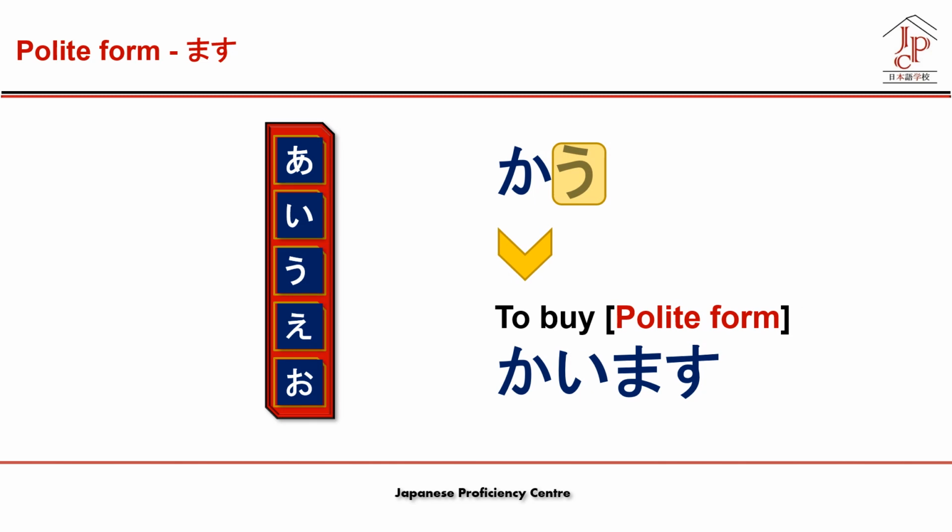Let us see one more example, kau. Thus, kau becomes kaimasu.